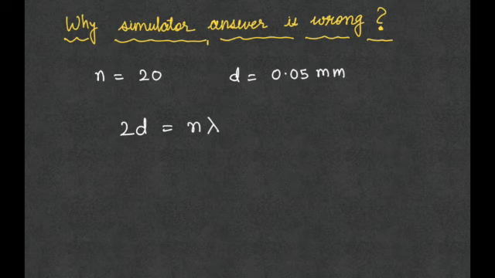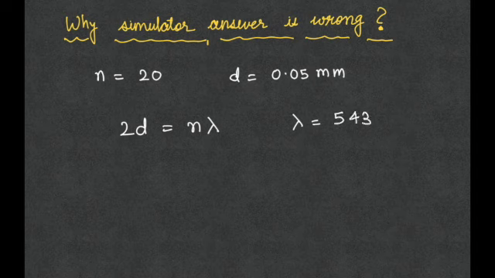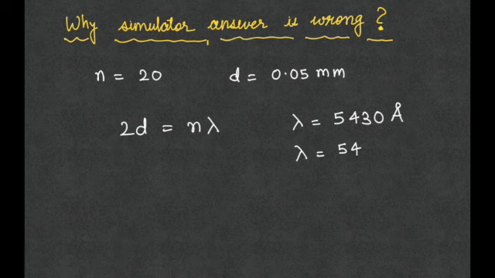But there is a checkbox in the simulator. If you click that, you get the answer for lambda as 5430 angstrom, or I can write 543 nanometers.